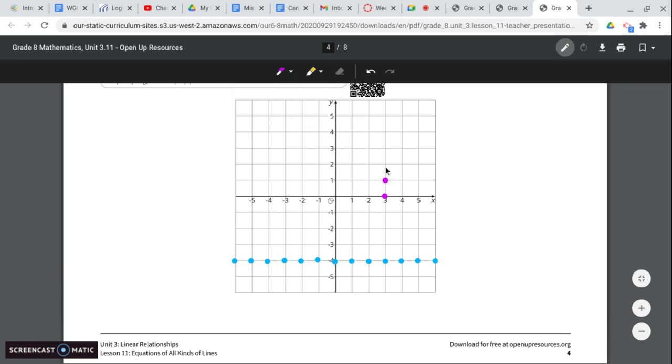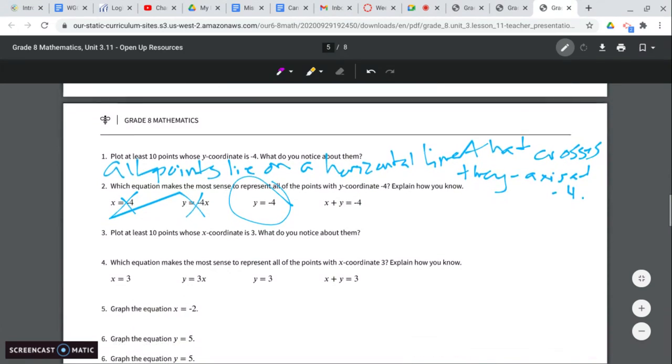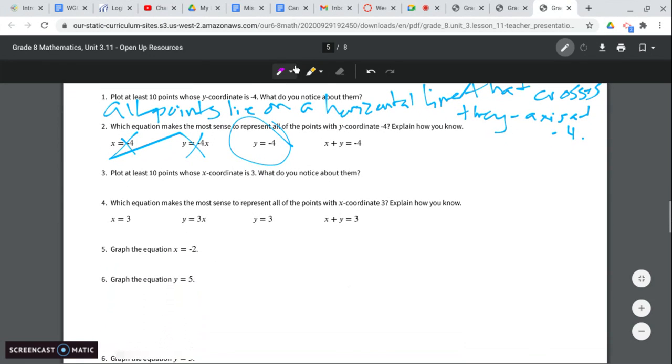X is 3, y is 1, x is 3, y is 2. All of these are going to have x equaling 3. Every single one of those, x equals 3. So what do we notice about this? They're a vertical line. So all points lie in a vertical line.